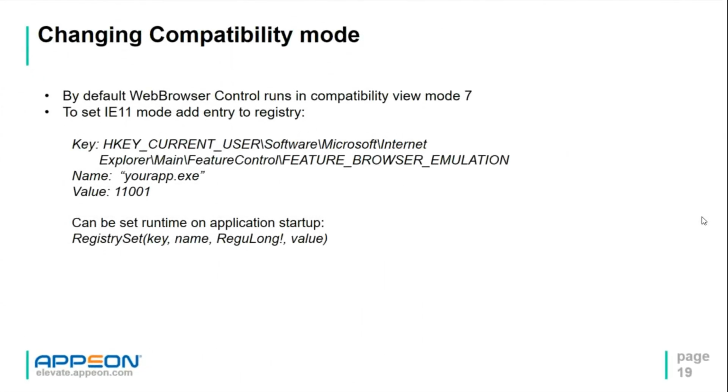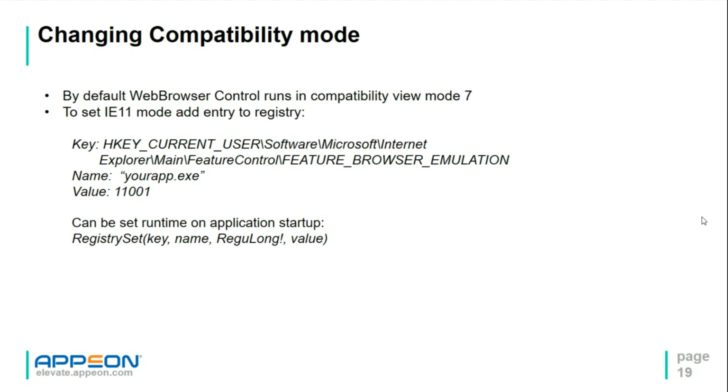The first one is the compatibility mode. When you insert the control, it adds it in default compatibility mode 7 of IE7. This is not going to work with modern JavaScript. You have to set the compatibility to IE11. That can be done through the registry.